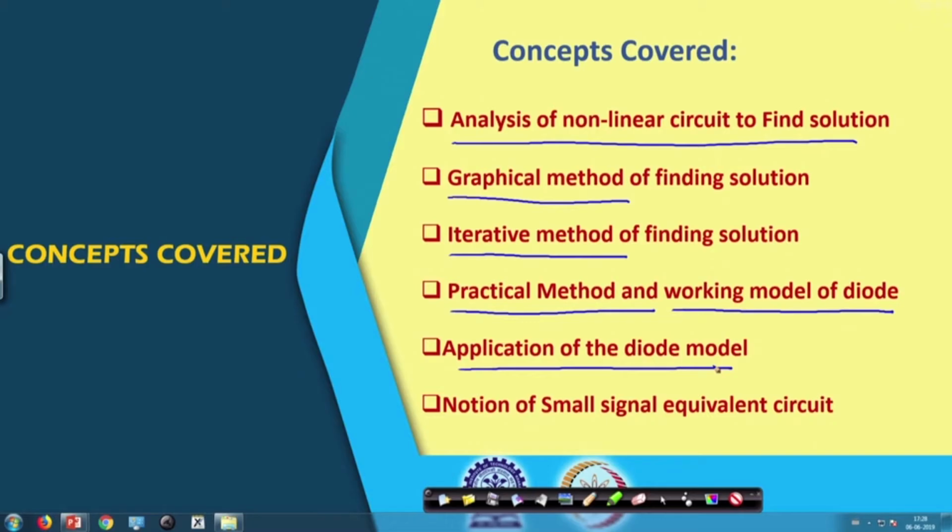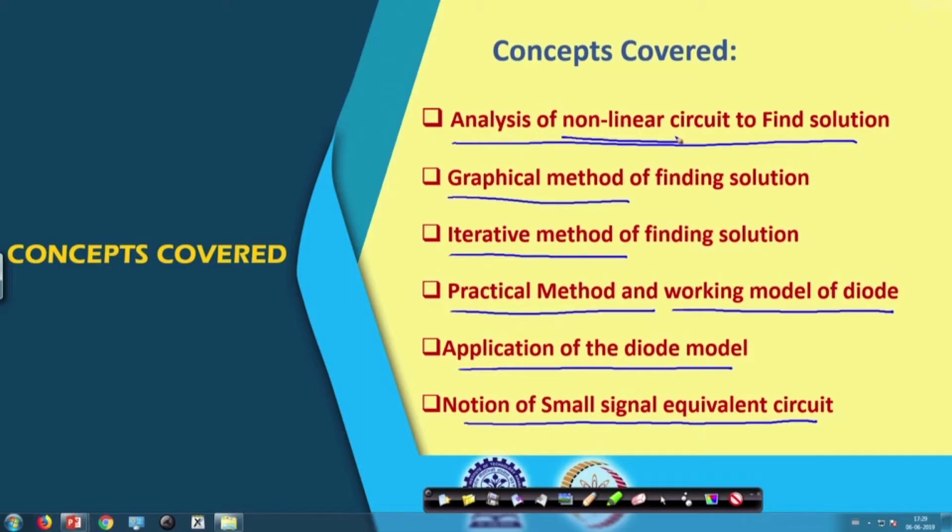And finally, we will be giving a notion called the small signal equivalent circuit. The small signal equivalent circuit is not only applicable for a diode or a simple nonlinear circuit, it is also applicable conceptually for any other nonlinear circuit. Essentially, in the small signal equivalent circuit, what we do is linearize the nonlinear circuit.